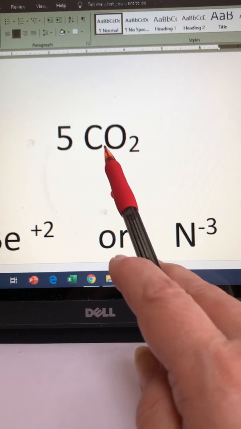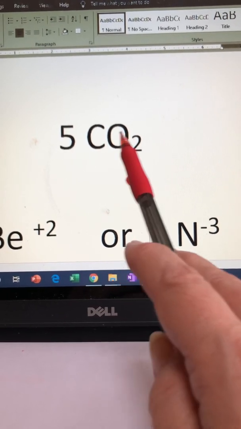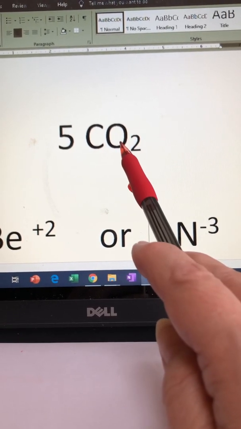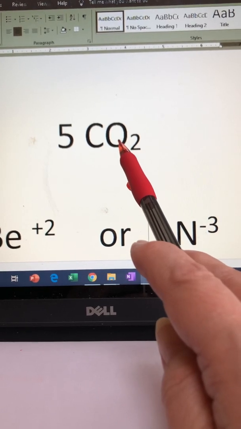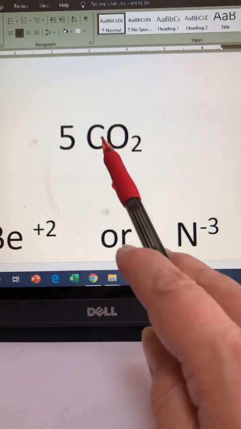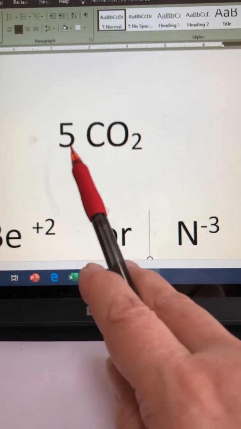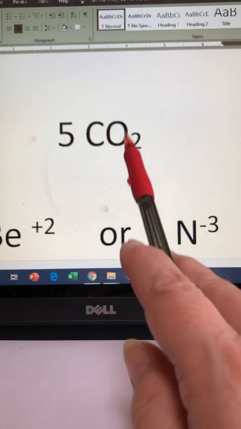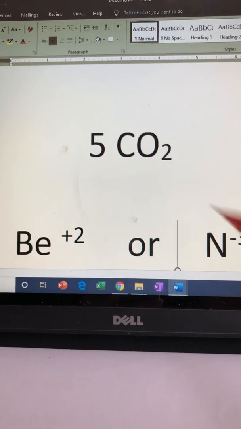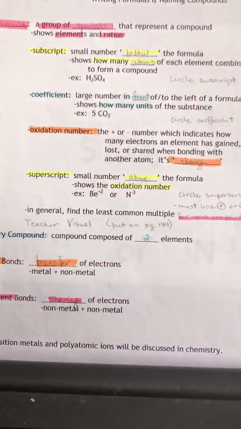There is no number with the carbon. There is no subscript, so it's assumed to be a 1. And there's 2 for oxygen. So for every molecule of carbon dioxide, there's a 1:2 ratio of carbon to oxygen. But there are 5 units or 5 molecules of CO2. The 5 is the coefficient, okay?